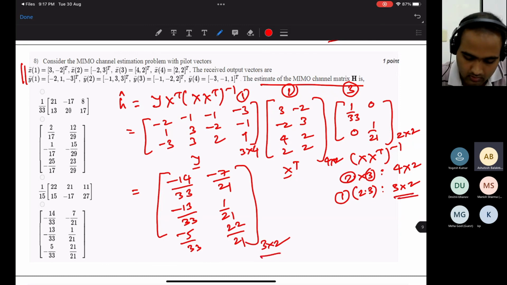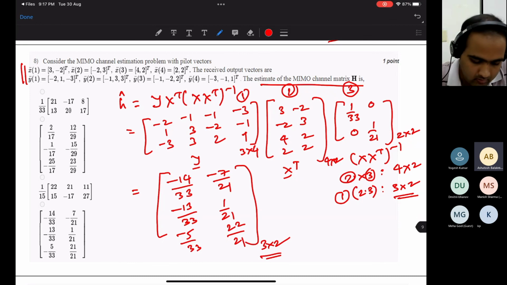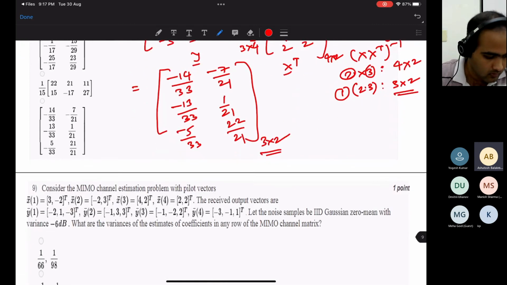So purely you have to do matrix multiplication. From the information you need to figure out how to write the pilot matrix, how to write the receive matrix, and then you just need to do the matrix multiplication.